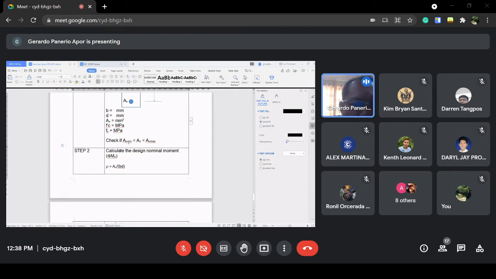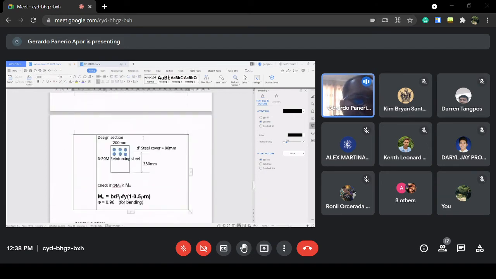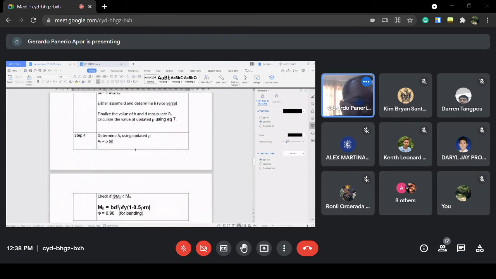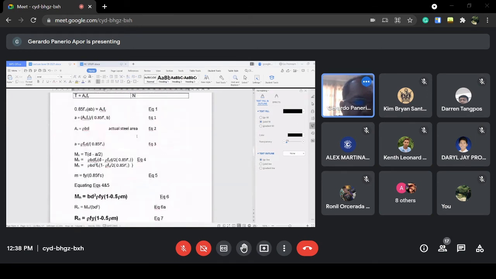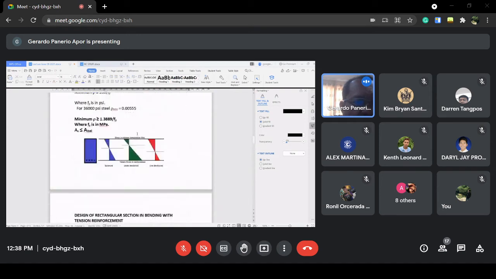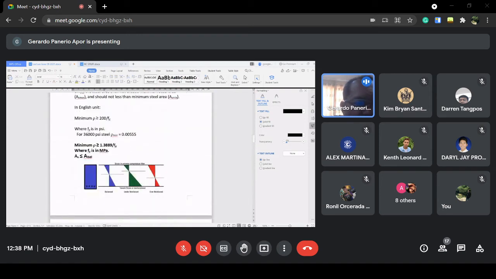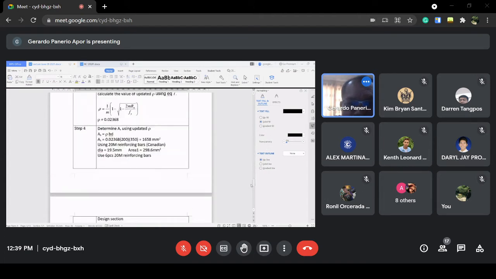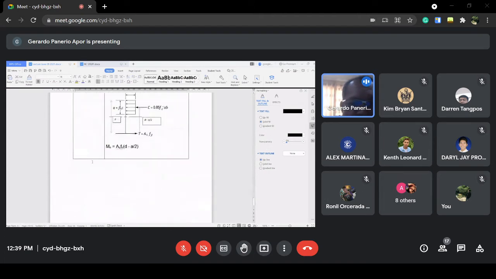We do not know whether we are in between ES mean and ES max unless we will compute ES mean. So we will include the equation for ES mean there. We have the rho mean here, which is this one. So that will be included in step 1. Okay, rho mean.